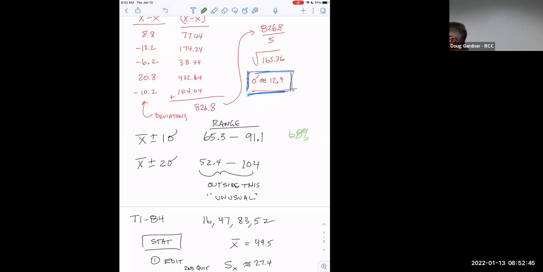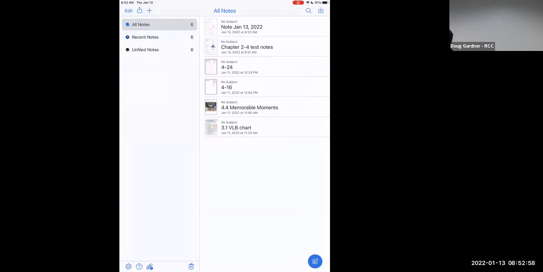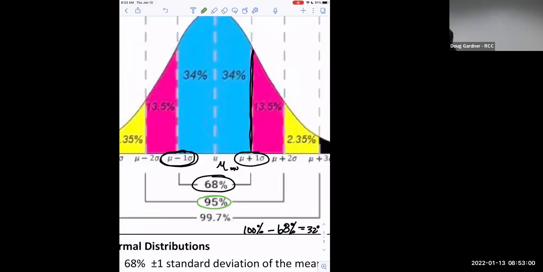If you jump out 2 standard deviations from the mean, plus or minus 2 of those, that captures 95%. Isn't that what this note is saying right here? 95%. If you go mean plus 2 standard deviations to get to the high side, and then you go mean minus 2 standard deviations to get to the low side, that captures 95% of people.